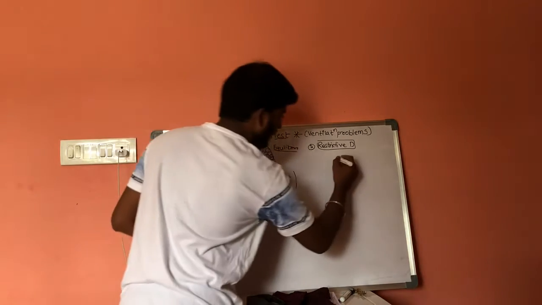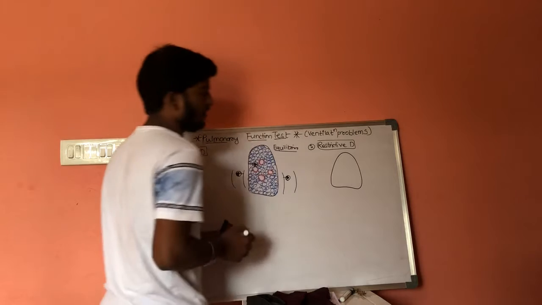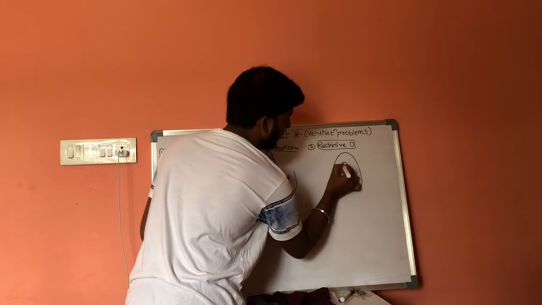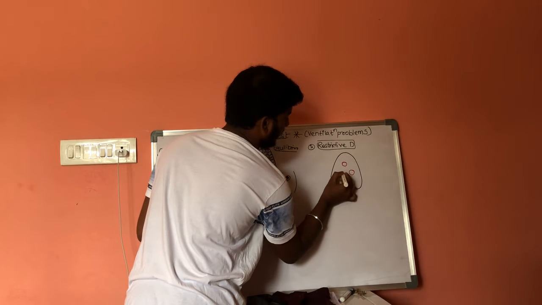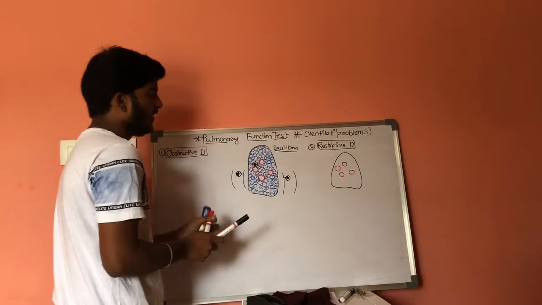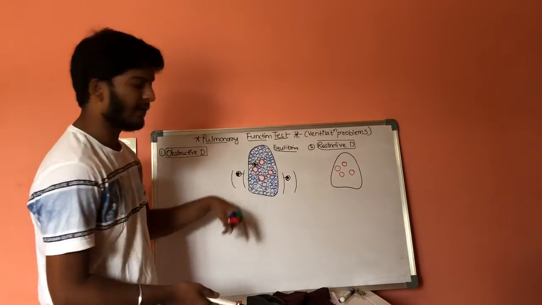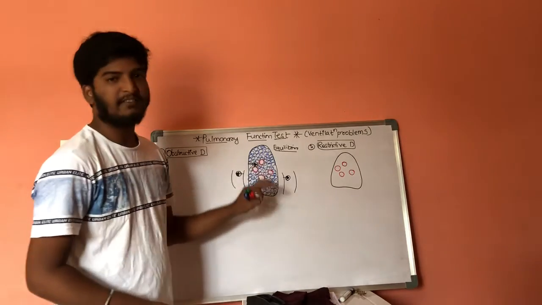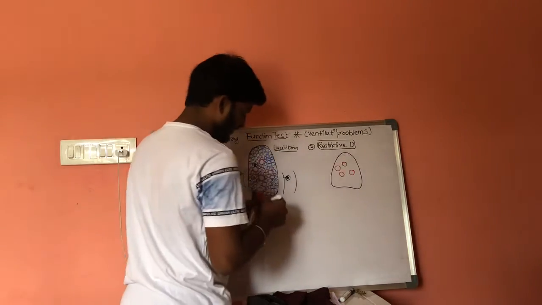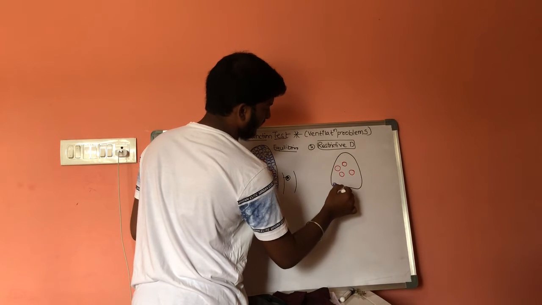Let us consider this is one of the lungs in which these are the airways, and there is no defect in the airways, but there is a defect in the parenchymal cells and fibrin present in the alveoli, and there will be dense packing of this material.